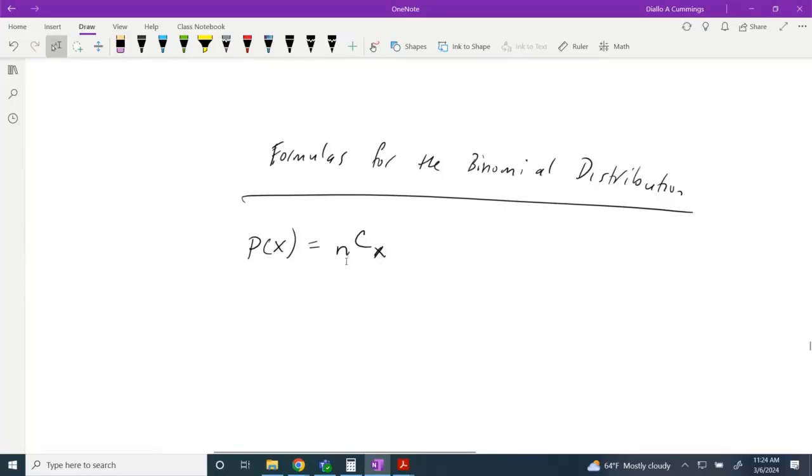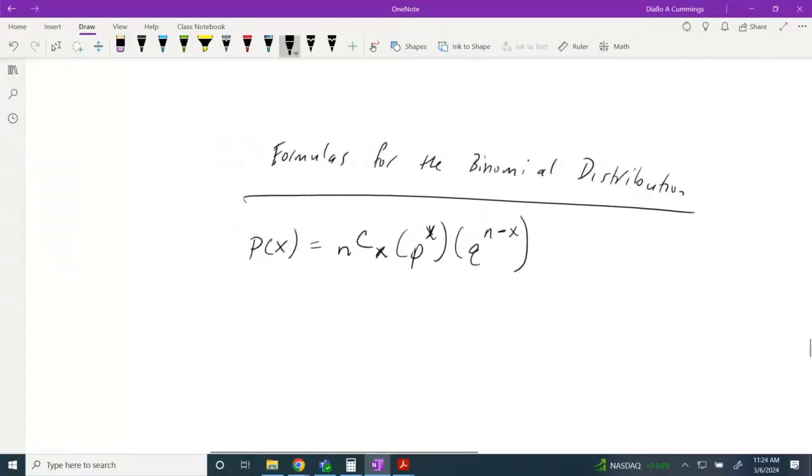So remember that n would be the number of trials and x would be the number of successes, times p raised to the power of x. So remember that p is the probability of success. Times, right? Yeah, that's times. So I'll put this in a set of parentheses. Times q raised to the n minus x.